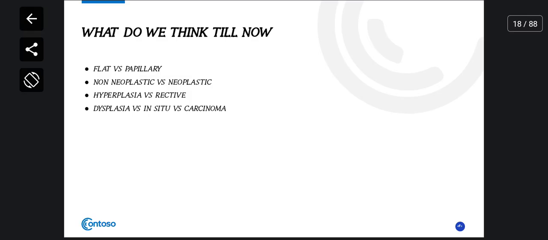So after seeing the microscopy, we had to decide what we think about it. Is it a papillary lesion, or a non-neoplastic lesion? If it's a non-neoplastic lesion, we want to decide whether it's hyperplastic or reactive. If it's a neoplastic entity, we have to decide whether that's a dysplasia, carcinoma in situ, or a frank carcinoma.